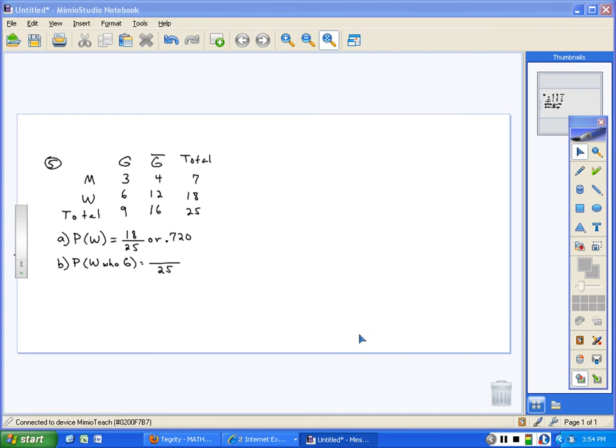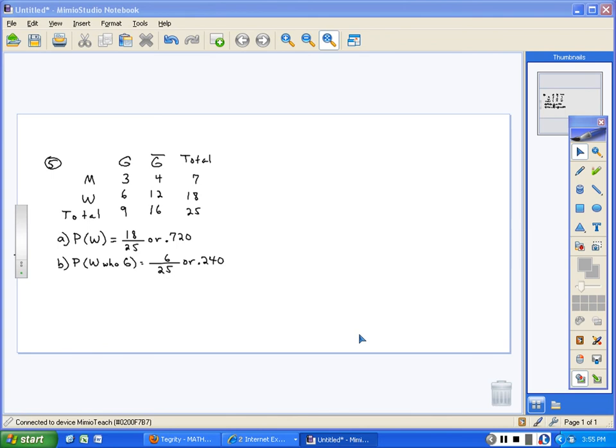We want only the women who graduated from college, and that number is 6. Again, that fraction is completely reduced, or you can change it to a decimal, which would be 0.24. And again, I threw that extra 0 on the end of it.